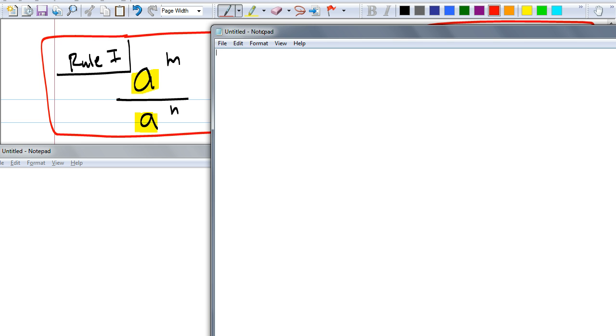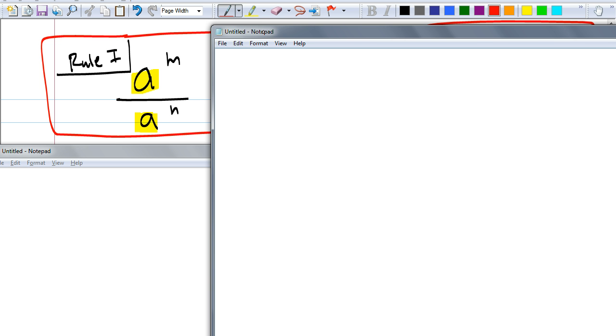Claire, what do you think? It equals a plus m. No, we just talked about it. Look at the previous example we just did. If they have the same base and you're dividing them, what do we do with the exponents?